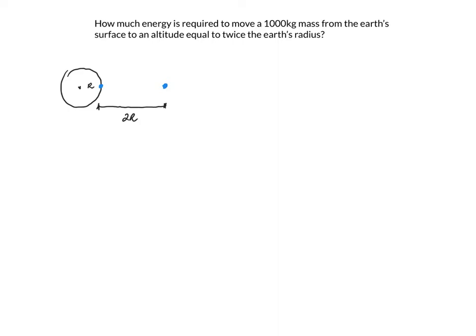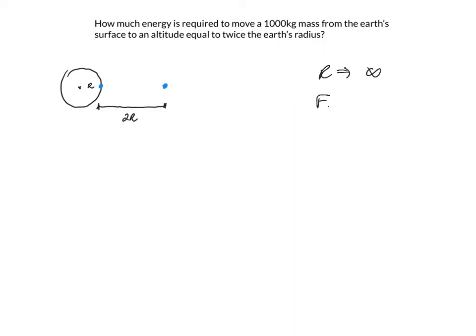Okay, so in this problem we're focusing on this distance 2r plus this radius, but understand that as we get further and further away from Earth, let's say that our distance from the center of the Earth, r approaches infinity. Okay, so we're getting infinitely far away from Earth.